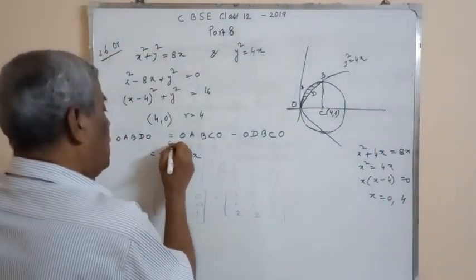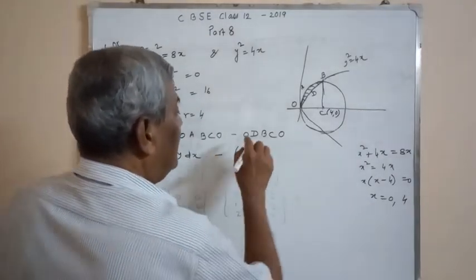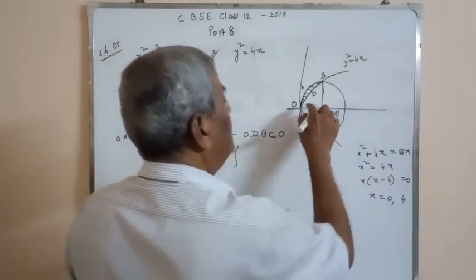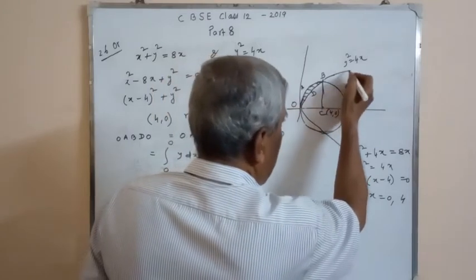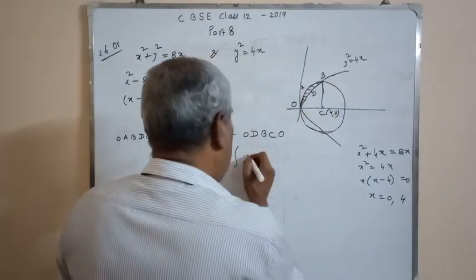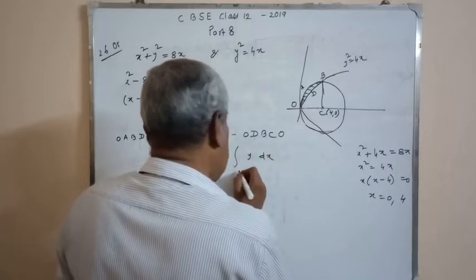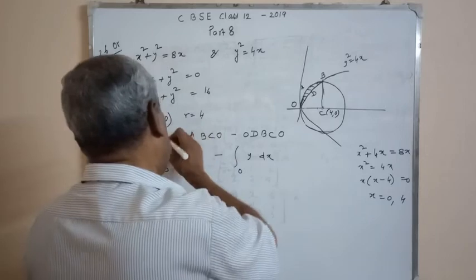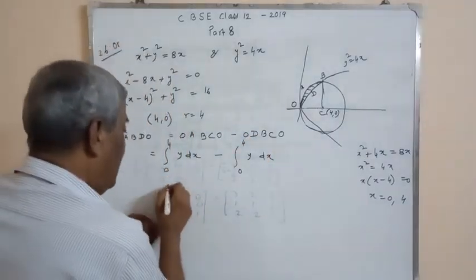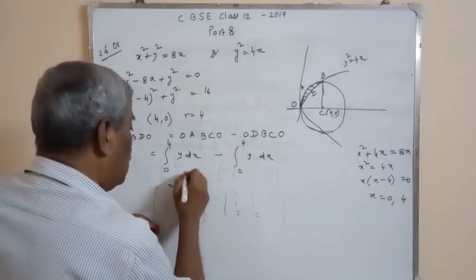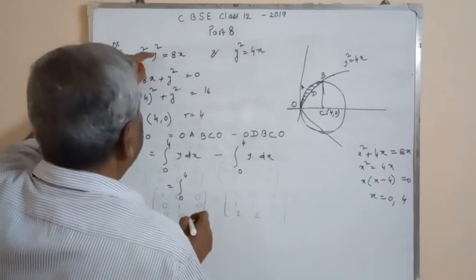So the integral from 0 to 4 of y dx, minus, for ODBCO, y must come from this curve, y square is equal to 4x. Again y dx, from 0 to 4. Now it is equal to the integral from 0 to 4, y dx, from here, there or here, same thing.